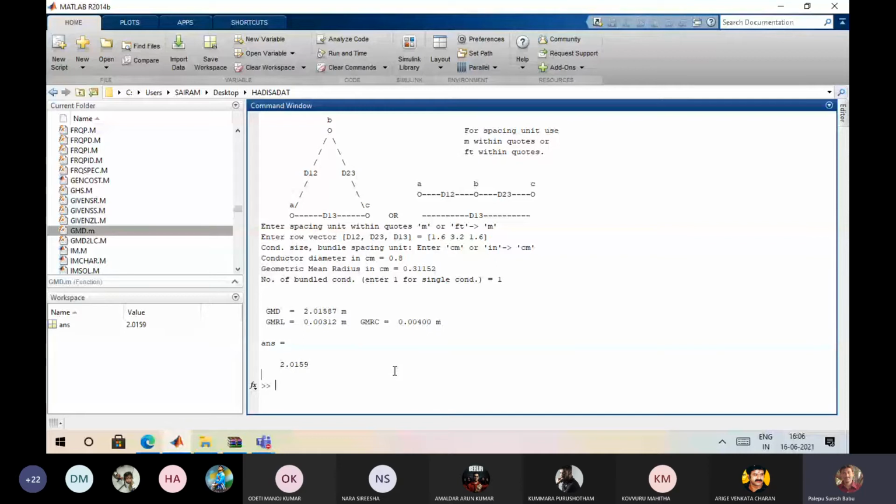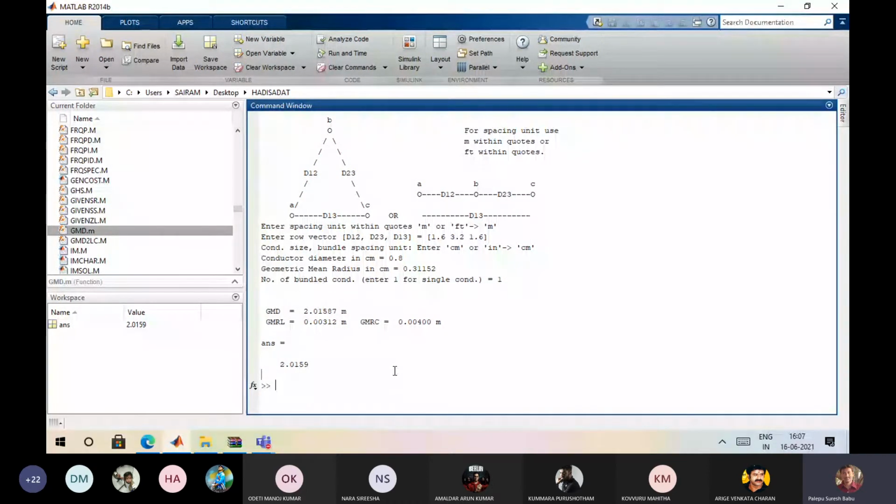The diameter is 8 centimeters, so the radius is 4 centimeters, which is 0.04 meter. So there is no multiplication by 0.7788 for the GMR for capacitance. For inductance, we multiply R by 0.7788 to consider the internal flux linkage effect. That's why we use R dash.